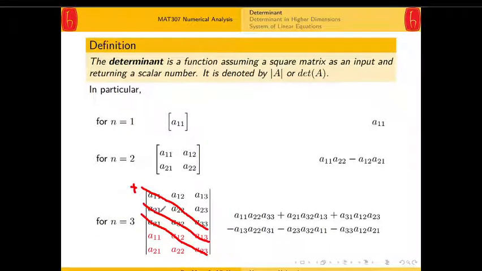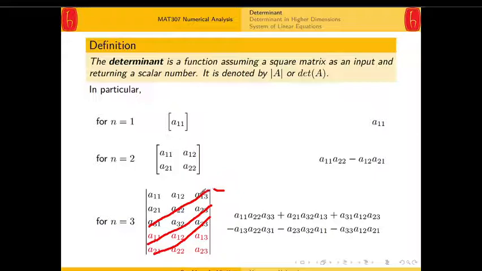And then A21, A32, A13, which is here, is also positive. And then A31, A12, A23, which is here, also positive. Okay, once we are done with the diagonals from left to right, we do the same from right to left. Okay, so we draw the diagonal again, but this time we say these are negative.